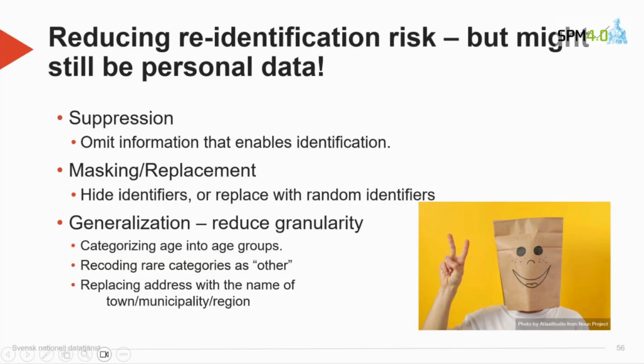And generalization is the third thing you can do. Reduce the granularity. The examples, I think, illustrate it. Rather than the exact age of the person, that they were 39, maybe it's enough to categorize people into 30 to 39, 40 to 49.